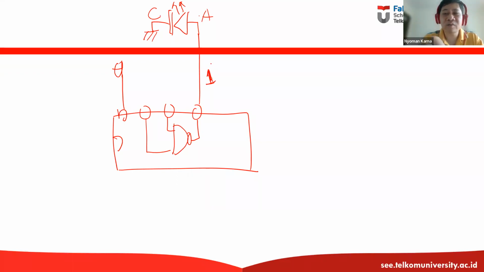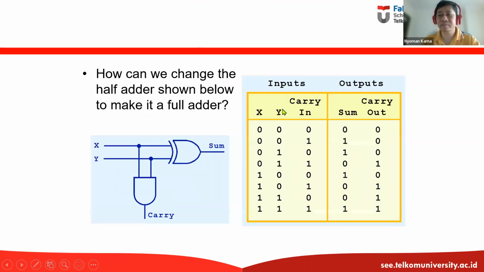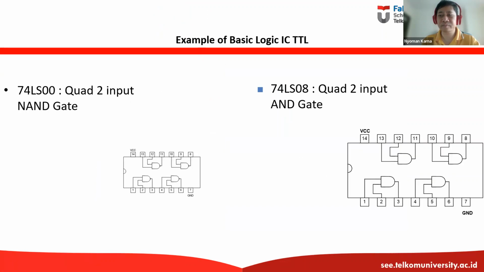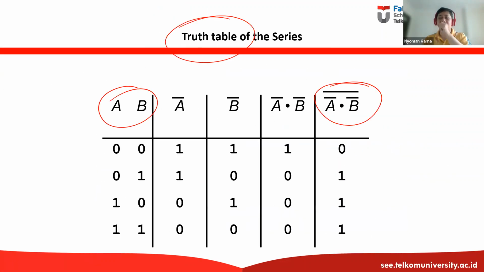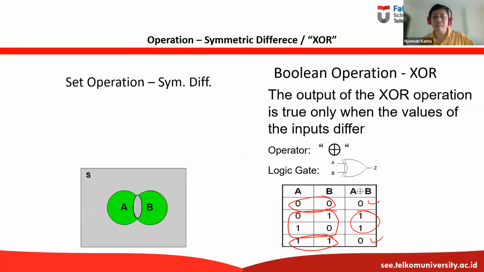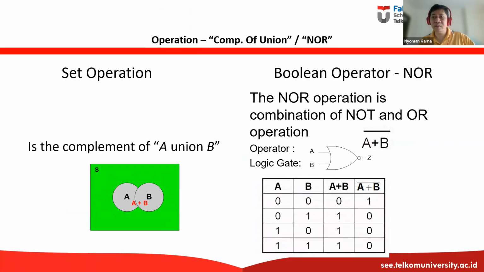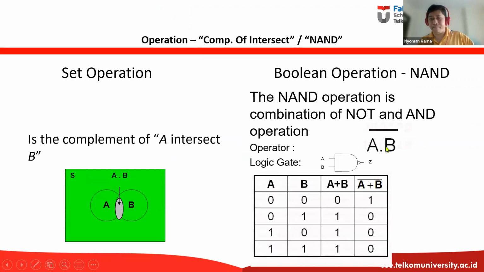To create a logic 1 in the NAND gate, remember, where is the NAND gate? Not this one. Oh, okay, this one. To give the output 1, both inputs are supposed to be 0.